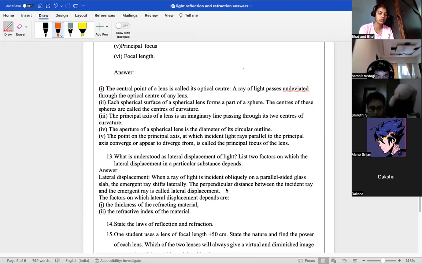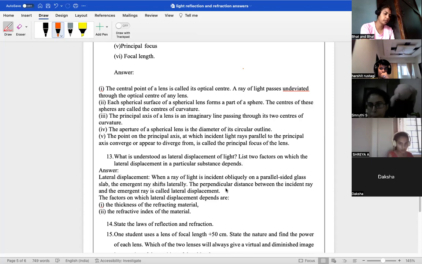So what does it say? It states that the ratio of sine of angle of incidence to the sine of angle of refraction is equal to how much? Constant, or it is called the refractive index, correct? Yes.